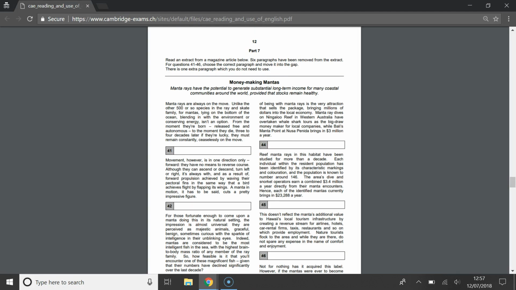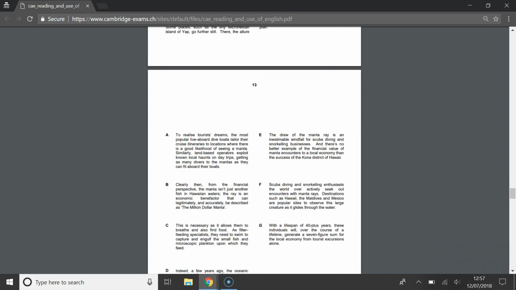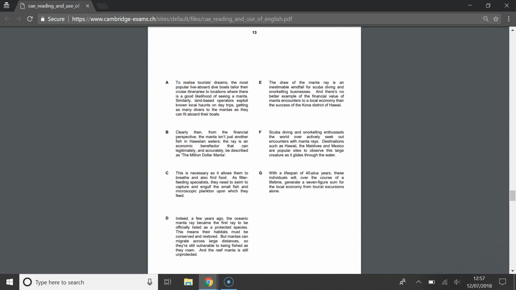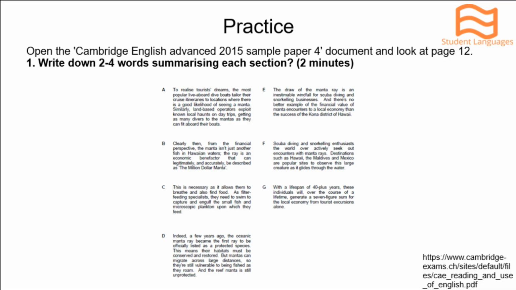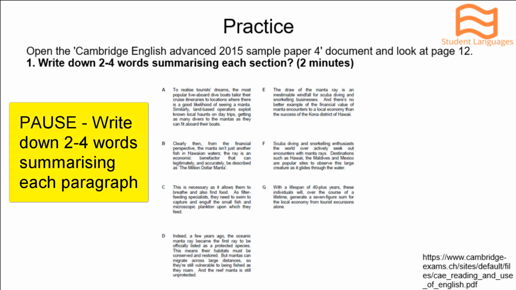It might be easier for you to have a look here on page 13 and to read these and to write down between 2 and 4 words that summarize each of these paragraphs. And I'd like you to time yourself and to try to do this in only 2 minutes. So when you're ready, press pause, take 2 minutes, write down 2 to 4 words for each paragraph, and then when you're ready, press play.